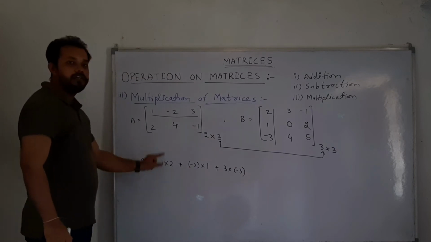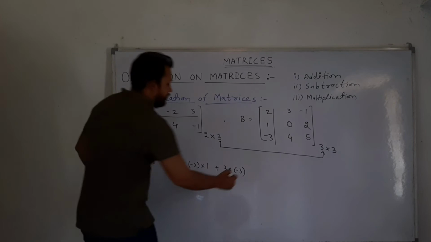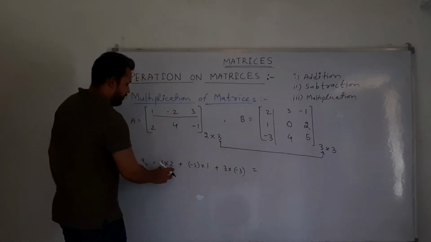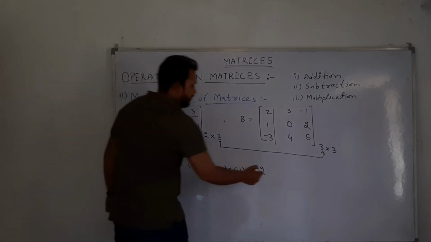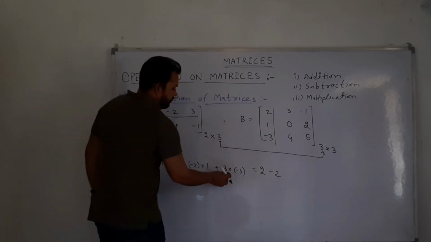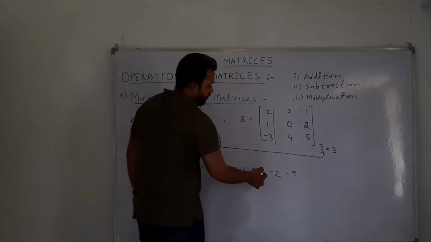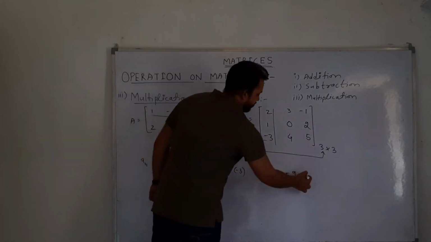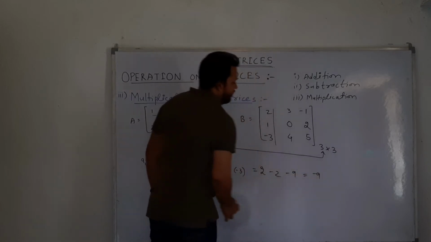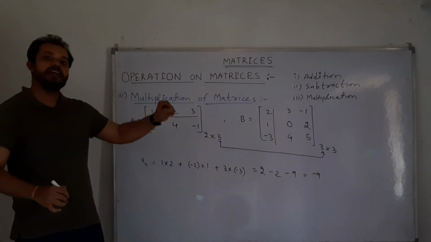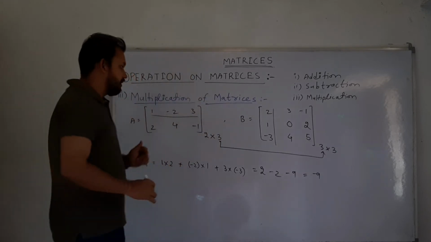Hence, we got the first element of the product matrix. Its value is 1 into 2, which is 2, minus 2 into 1, minus 2, 3 into minus 3, minus 9. The 2 and minus 2 cancel, and hence its value is minus 9. Hence minus 9 is the first element of the product matrix.